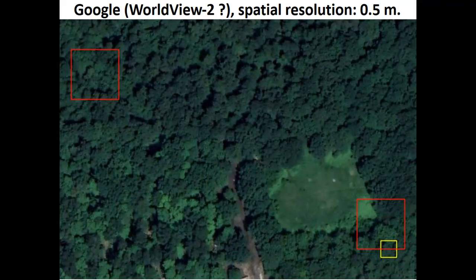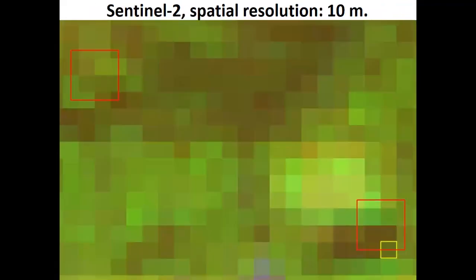And let us see the same area with Sentinel-2, approximately the same season, and hopefully the same year. You can see that every pixel has a different color.